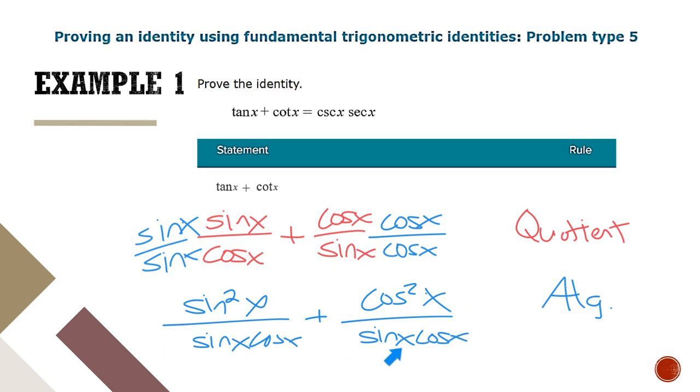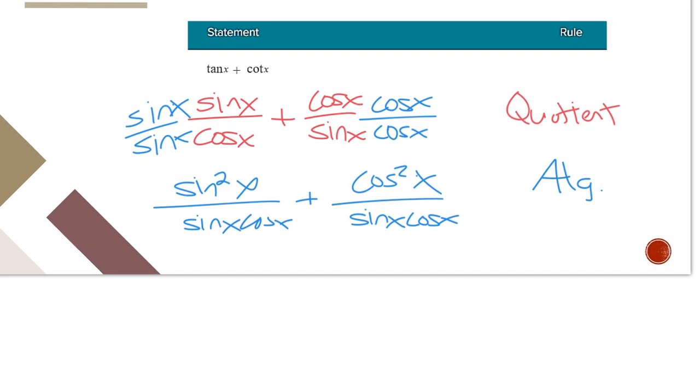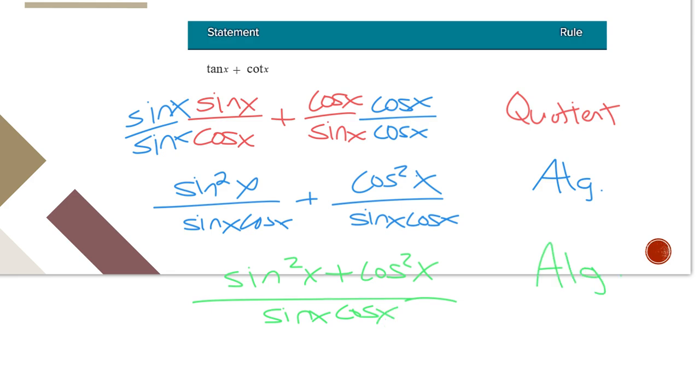This is the step you would write on Alex, this red step here, this blue step here on Alex. Now, the next thing is I like to write this as a combined fraction, so sine squared plus cosine squared of x, all over one single thing, sine of x cosine of x, which is algebra again. I believe you could have done that in the blue step, but I like adding that extra step.